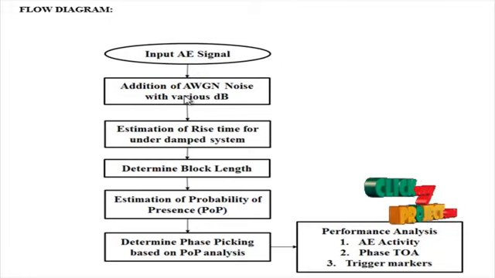Next, the addition of AWGN noise with various dB. Various dB noise is added into our input AE signal. Next, estimation of rise time for an underdamped system. Rise time is the time taken by a signal to change from a specified low value to a specified high value.